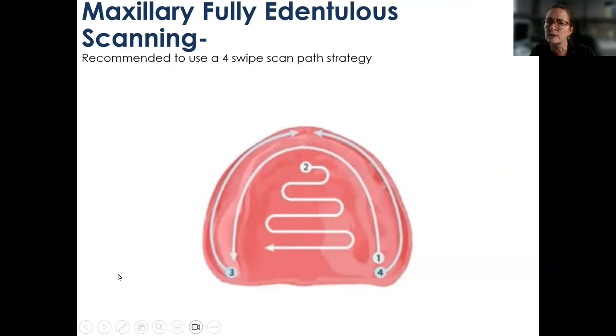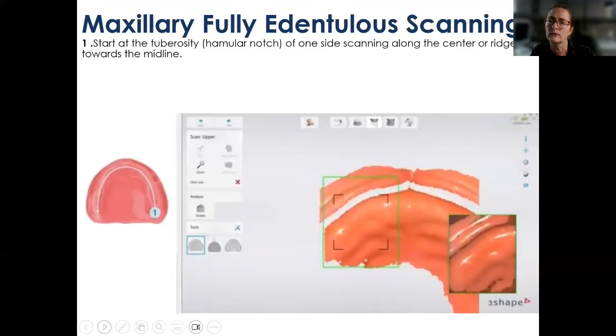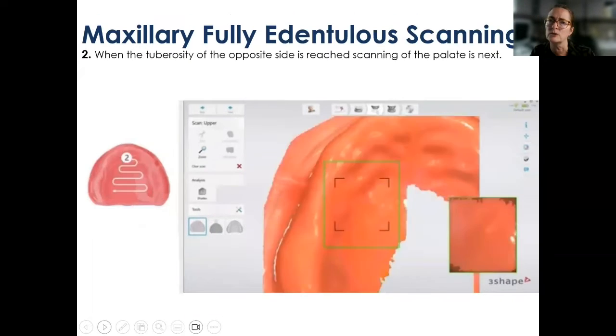Now, the upper is going to be a little bit different. It is still going to maintain 4 separate passes, though. This time, you're going to start at the hamular notch and come towards the midline.